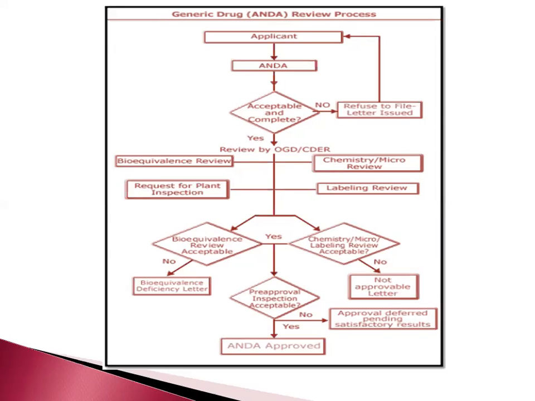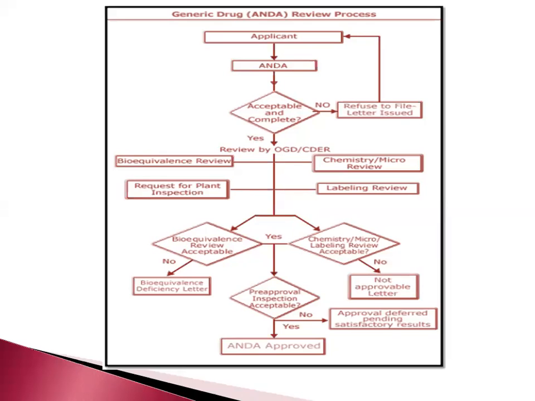If all the reports are okay, in that case, they will confirm whether bioequivalence review is acceptable. If it is yes, they will go further. If chemistry micro labeling review is acceptable, in that case, they will check pre-approval inspection acceptance.